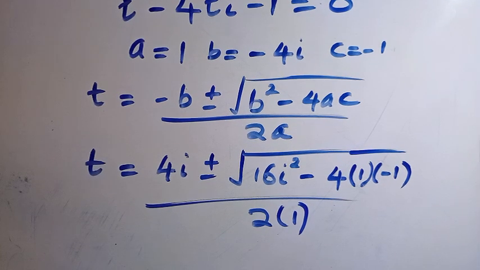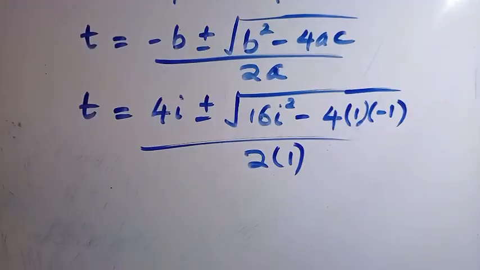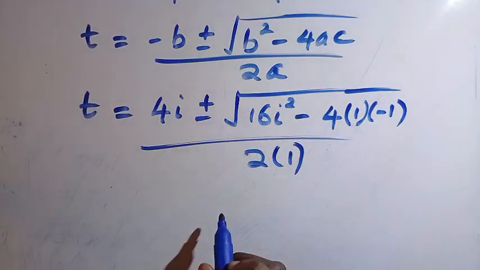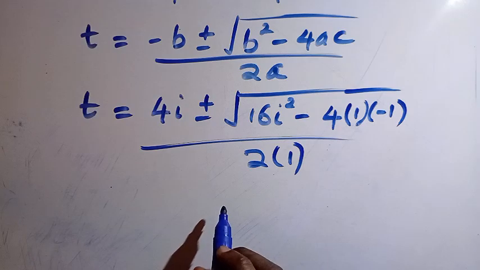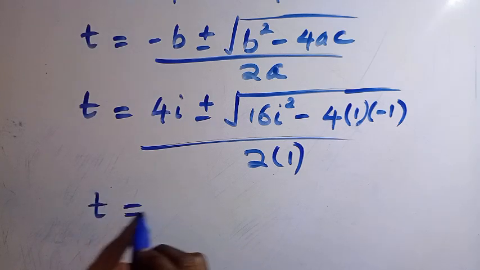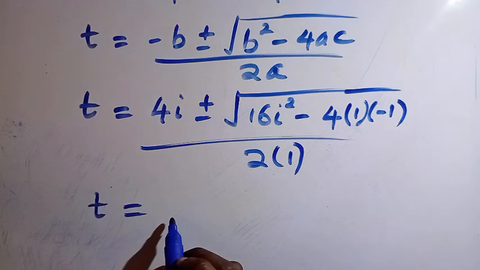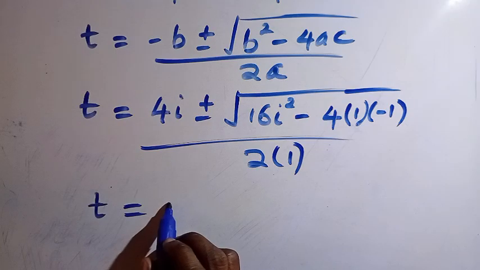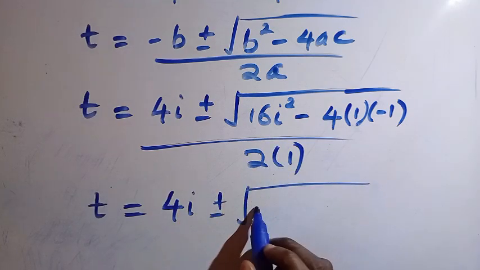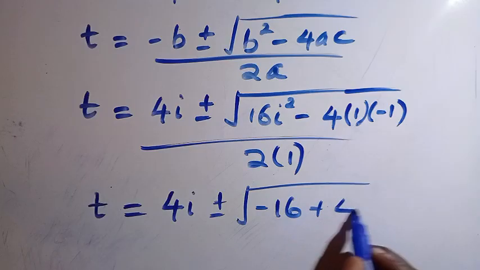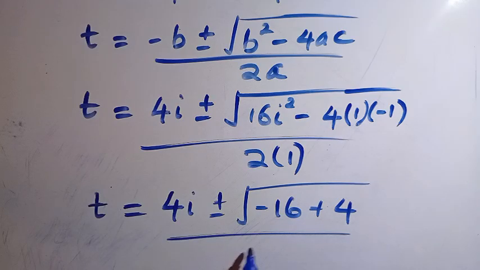If this is cleared, we consider i squared is minus 1. Okay, so i squared is minus 1. Then we have t equals 4i plus or minus the square root of minus 16 plus 4, all divided by 2.